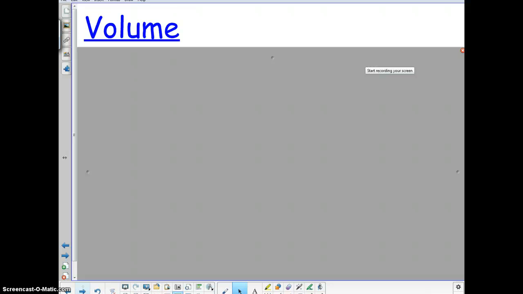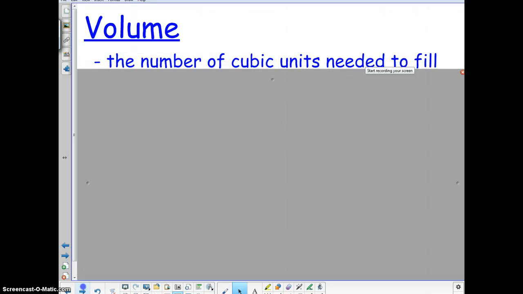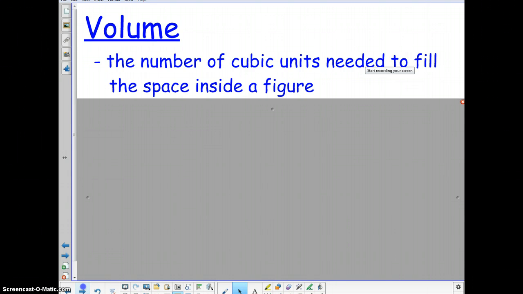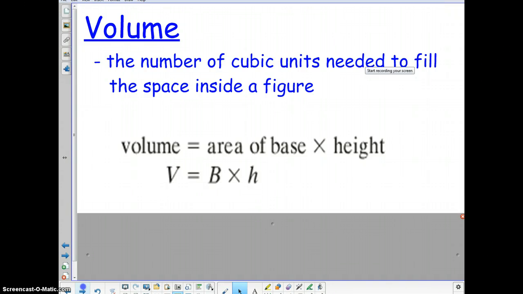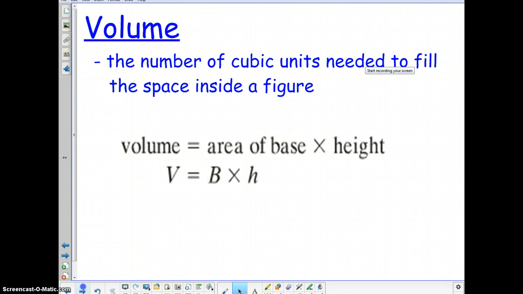So, now that we know what a cubic unit is, we need to move on and find out about volume. Volume is the number of those cubic units needed to fill the space inside a figure. So we're going to be counting up those cubic units, and we're going to be doing that given this equation down here. So volume equals the area of the base times height.